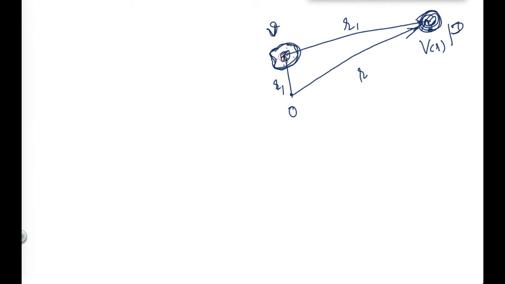Now you consider a very small volume dτ at a position, say R dash. So this is R dash, and you have a volume charge distribution rho at R dash, and the charge can be written as rho of R dash dτ.